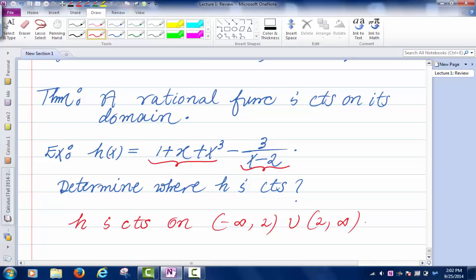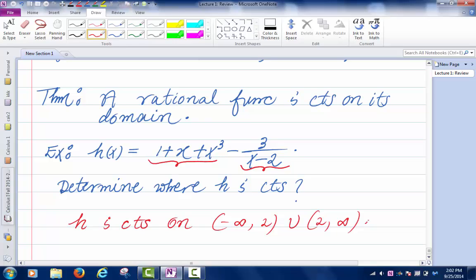Now, one thing you might want to realize is that the function that I have here is in fact a rational function. You realize that? It is the ratio of two polynomials, the function h. Note that I can put a 1 underneath this polynomial, and then I can combine the two into one fraction.